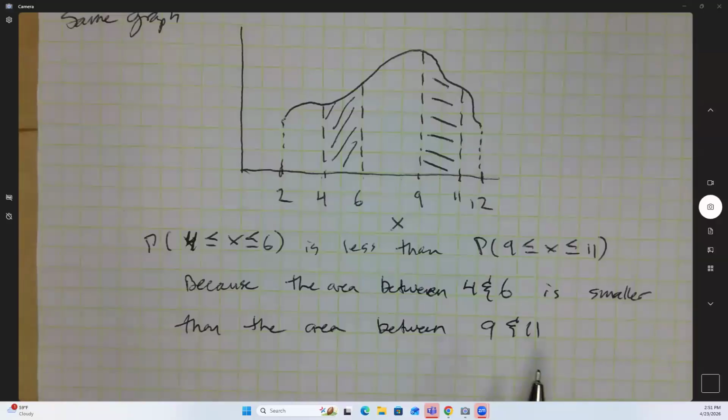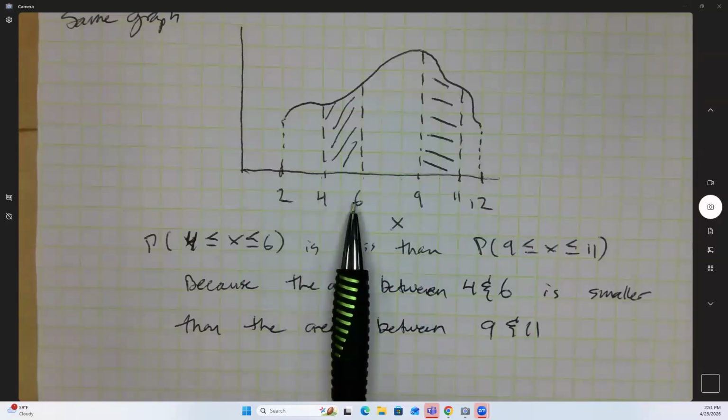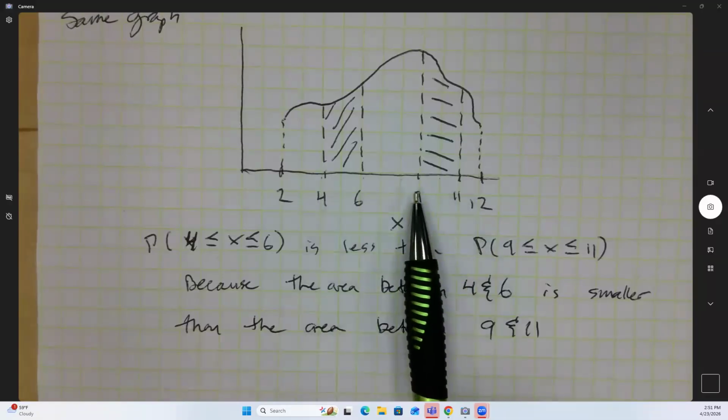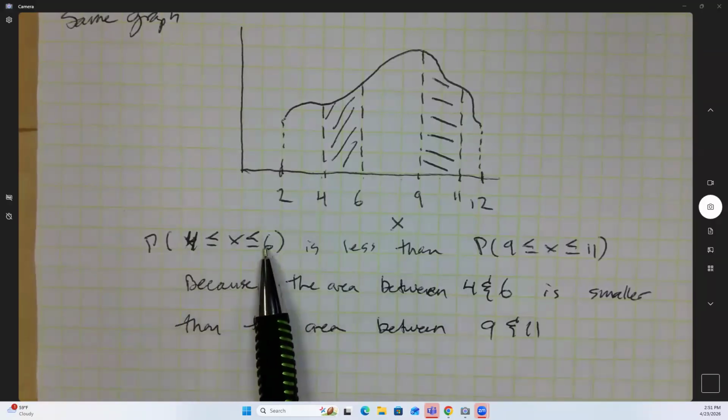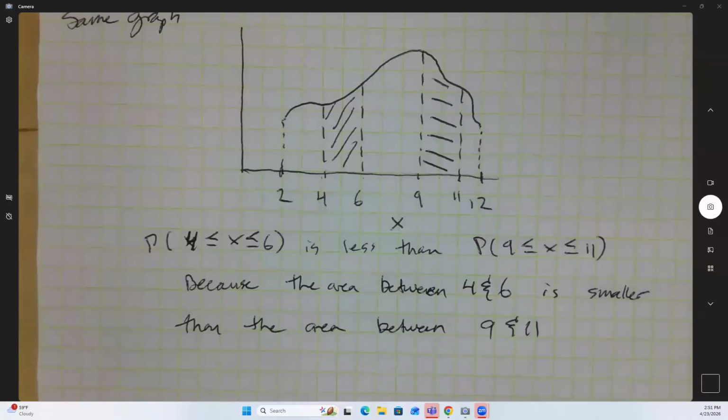How would I know the probability of being between 4 and 6 or being between 9 and 11? Even if I don't care about the specific number, but if I want to visualize the probability of between 4 and 6 or 9 and 11.